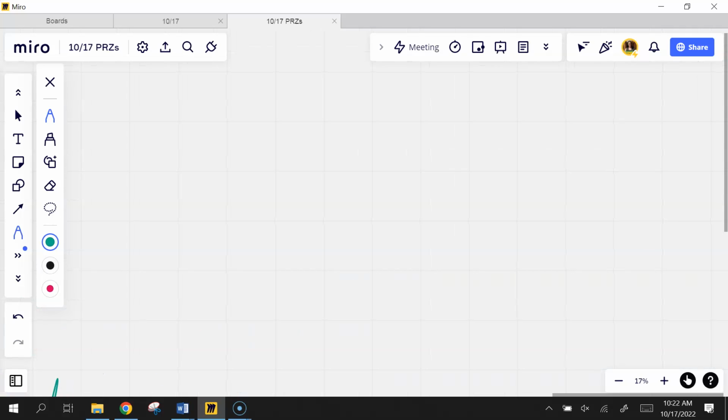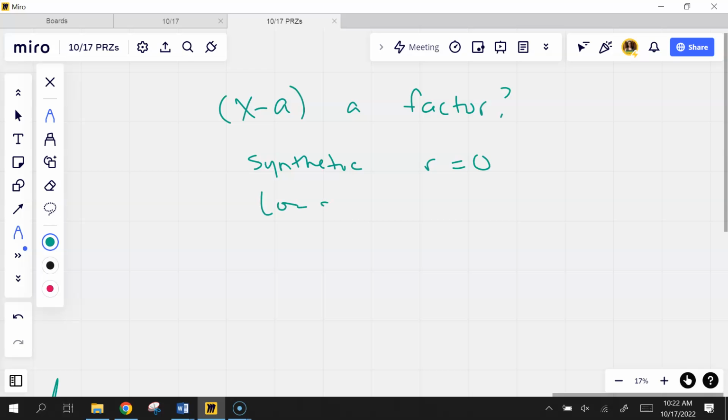Y'all, come on, think about this. It says, is x minus a a factor? Synthetic division with a remainder of 0. Long division, remainder 0. Or if you plug in a and you get 0, it is a factor.